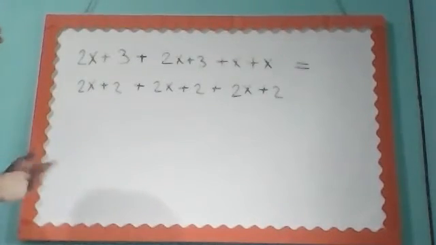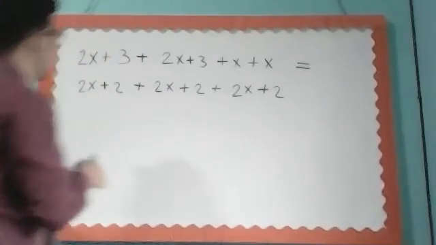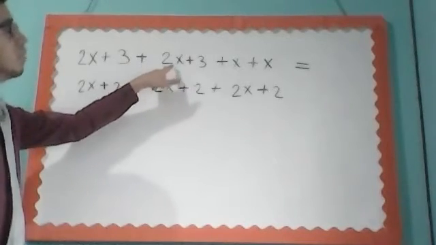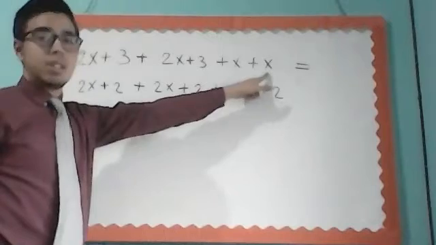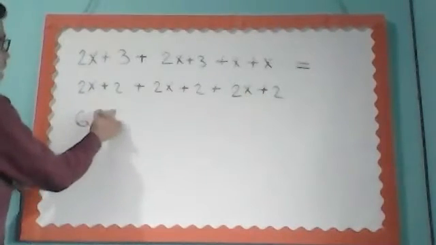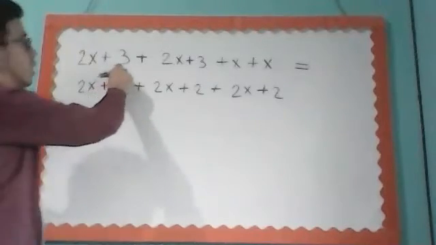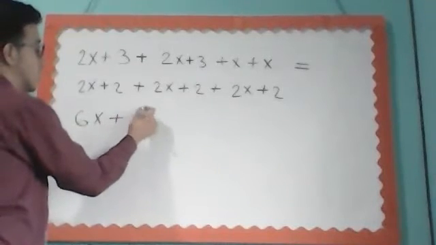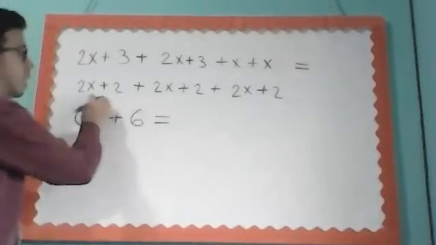We can simplify it and later we equal both parts if you want. 2x plus 2x is 4x, 5x, and 6x. 6x plus, now the numbers, 3 plus 3 equal 6. And this is going to be equal to the part of the triangle.